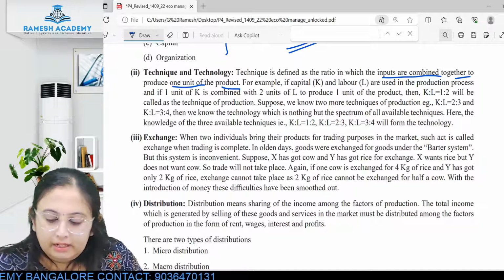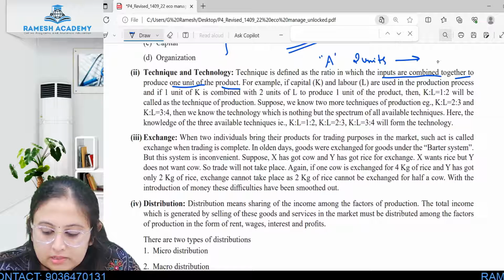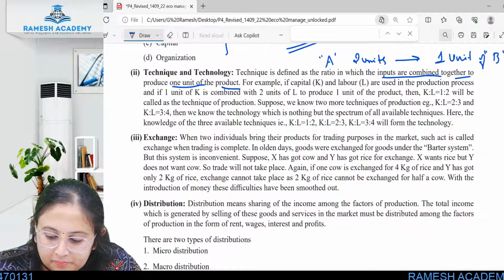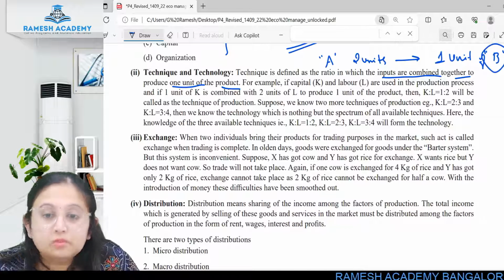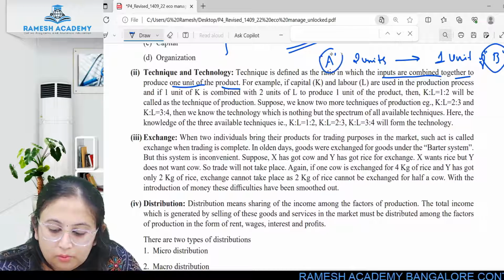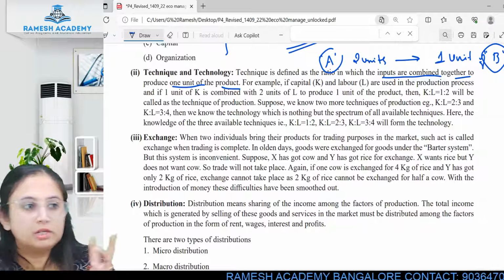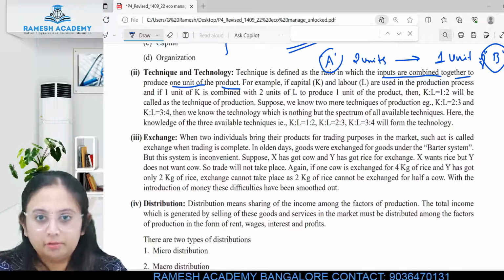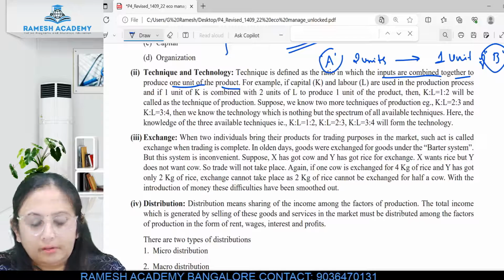So for this I need 2 units of raw material A to produce 1 unit of B. So my final product is B. To produce 1 unit of B, I need 2 units of A. This is the technique. In what ratio, 1:2, 2:1 or 3:1, you need inputs to produce a certain amount of output. So that is your technique or technology.